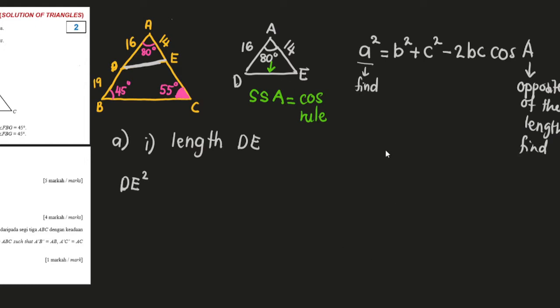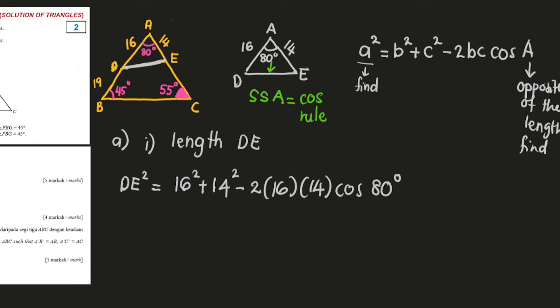So the small a here will be DE, the one you're finding, equals to, you have two lengths here: 16 square plus 14 square minus 2 times 16 and 14 cos the opposite angle. What is the opposite angle of the length? The opposite angle here is 80, cos 80. Now from here we find DE square. So you can key in together with the teacher in the calculator.